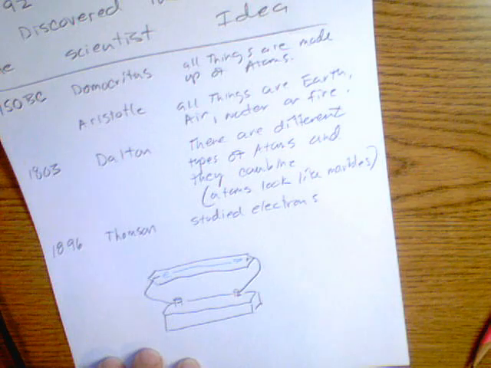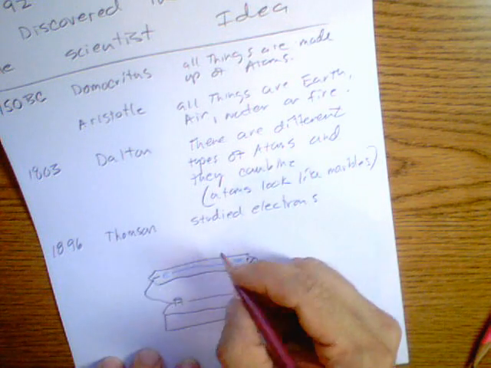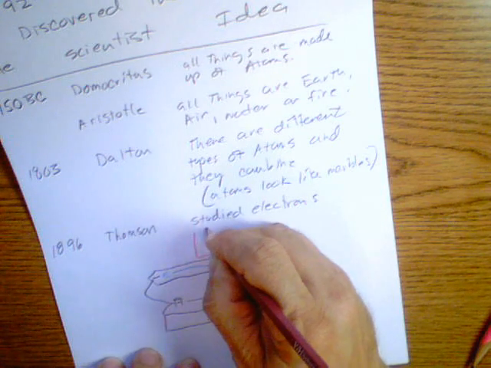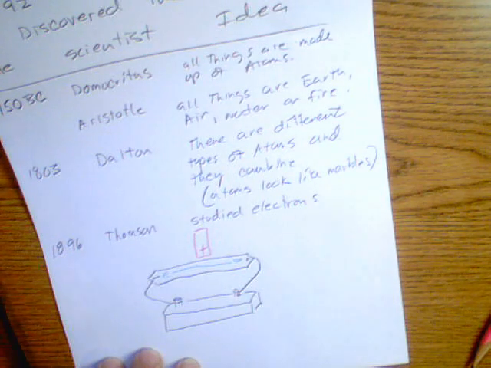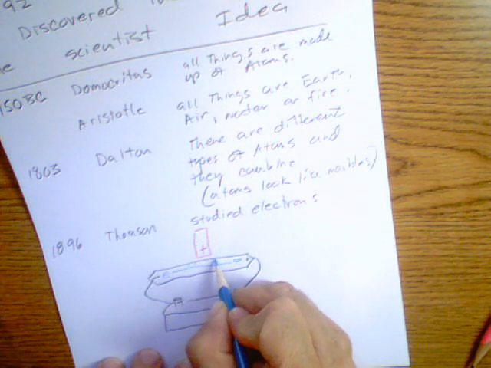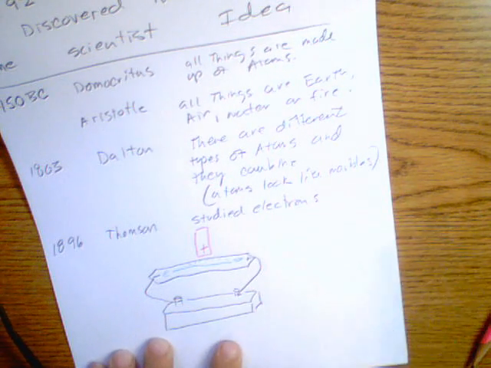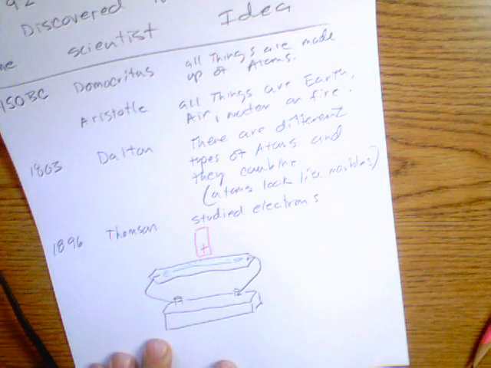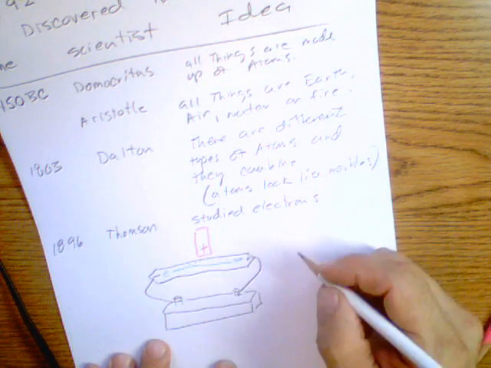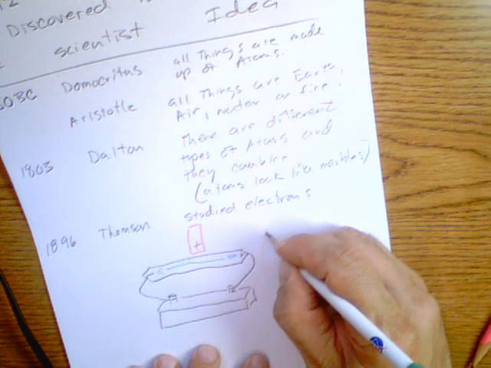Well, he didn't know what they were. He didn't know their charge or anything. So what he would do is he would study this by putting a magnet along here, let's say, and with that magnet he noticed that because the electrons were attracted to the positive end and they flowed closer to that magnet, he concluded, accurately I might add, that these elements have subatomic particles.